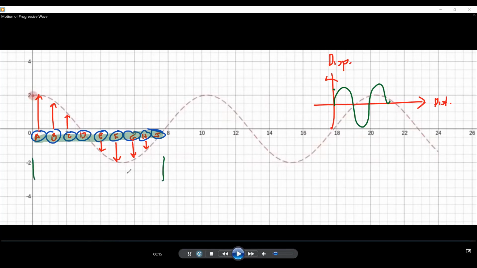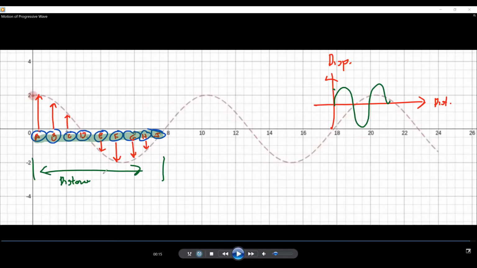Okay, when we say the distance, it is referring to something like this. All right. So when you want to plot a displacement distance graph, you're actually considering the wave over a certain distance, and you're plotting the displacement of all the particles within that given distance.